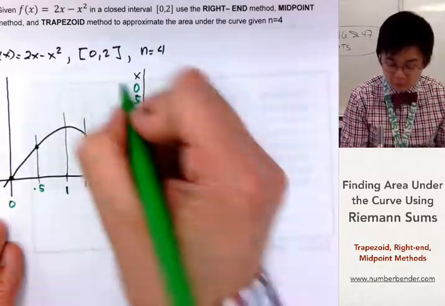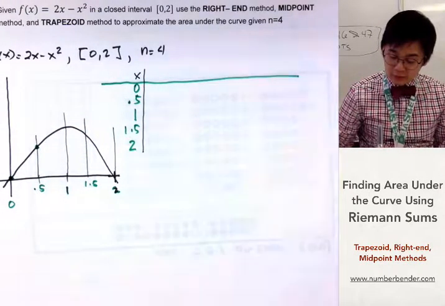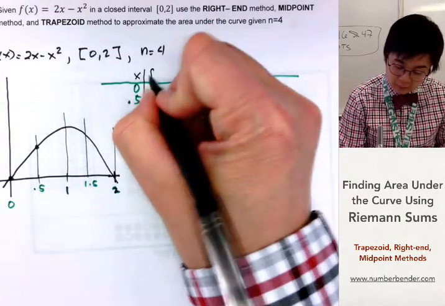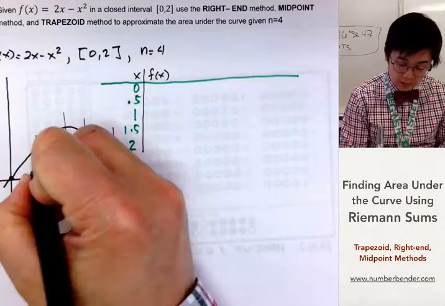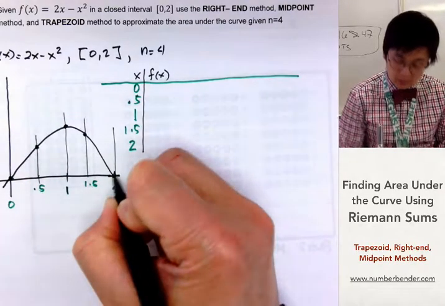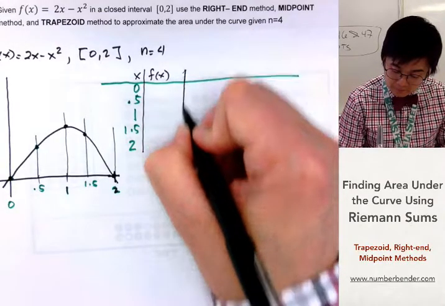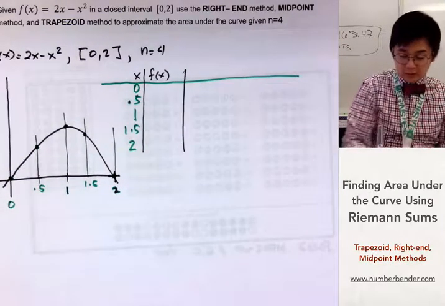Kasi trapezoid method yung ginagamit natin sa ngayon. So, kailangan natin yung f of x para sa height ng bawat edge nung trapezoid. So, kukunin natin yung f of x natin using our calculator.